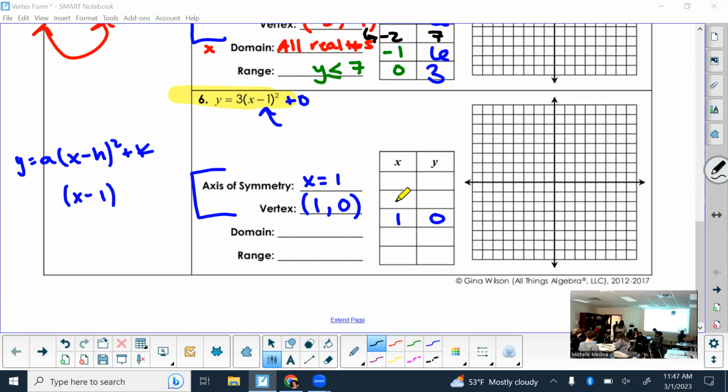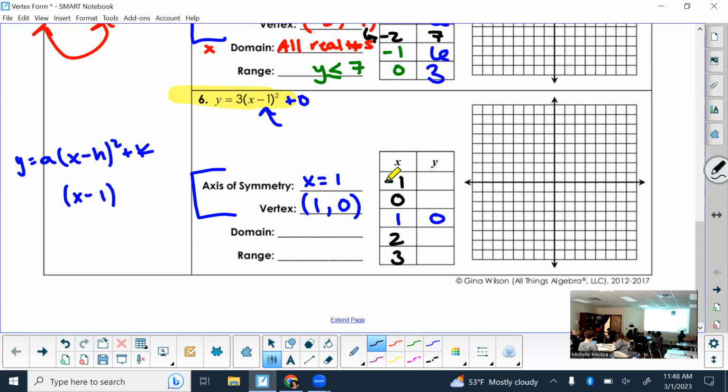Well, what are some numbers that are around 1? 3. Okay. What else? Okay. 4. And there are in the left side.